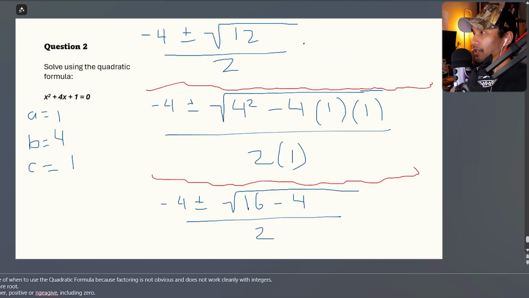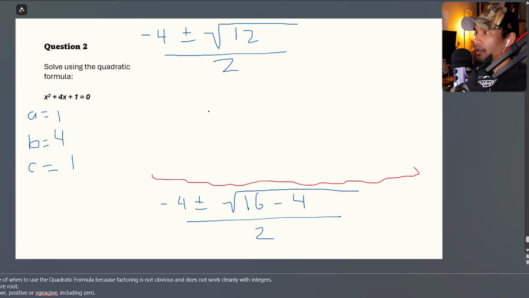So to simplify the square root of 12, I have to figure out what times what will give me a square root. I don't know if I explained that well, but I'm going to do my best underneath. So simplifying the square root, you have 12, and this equals, let's say we chose 4 times 3.